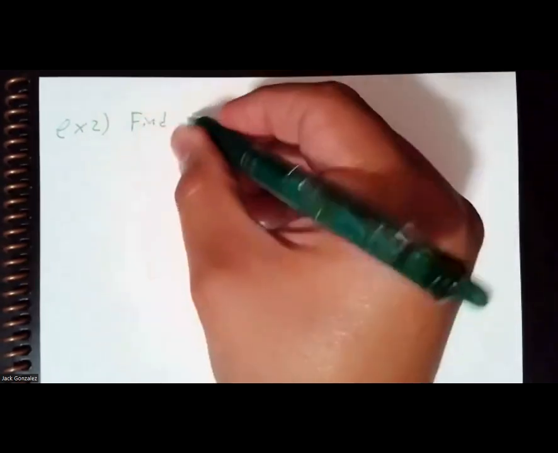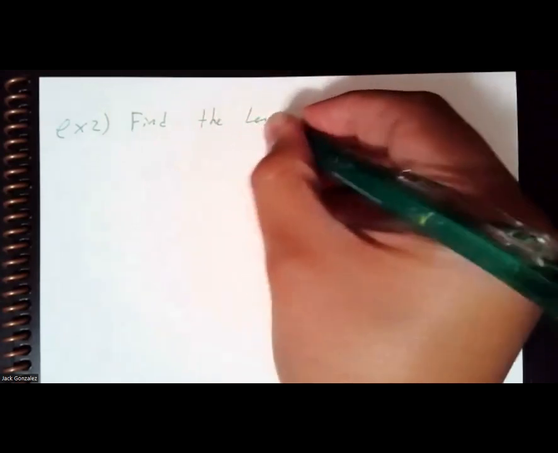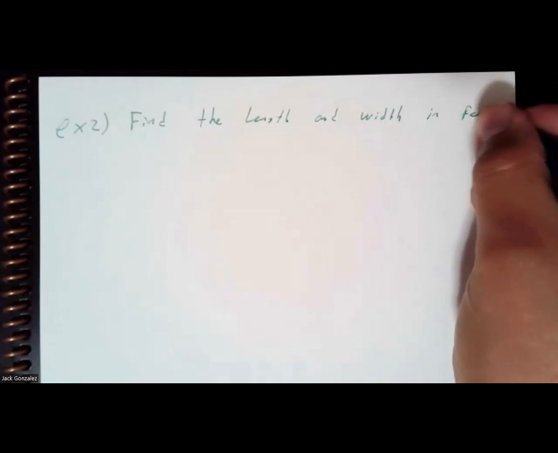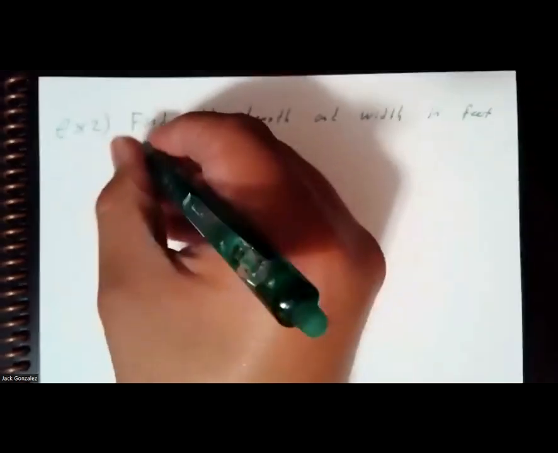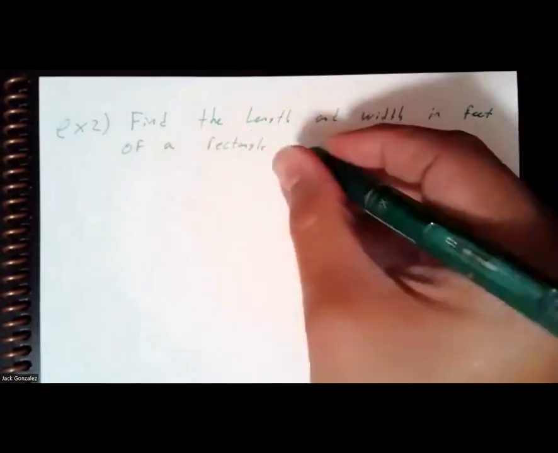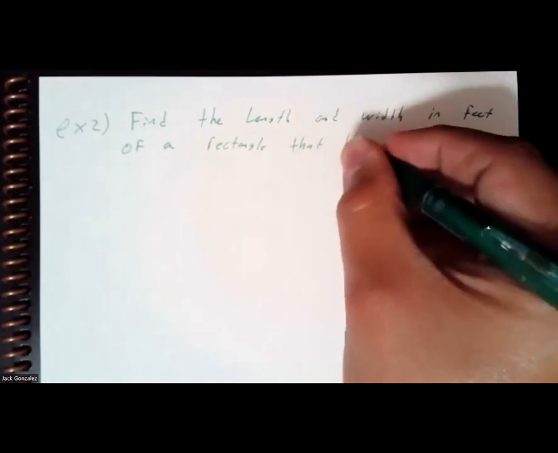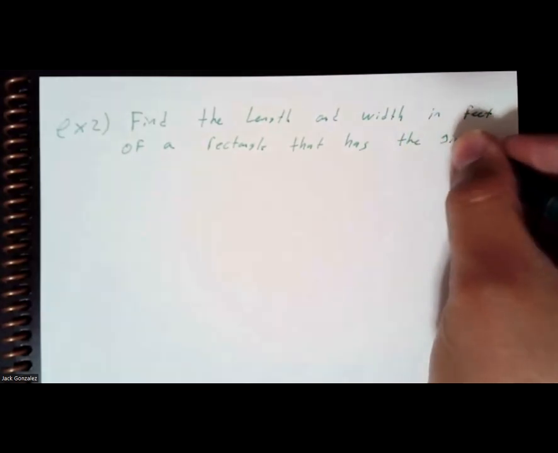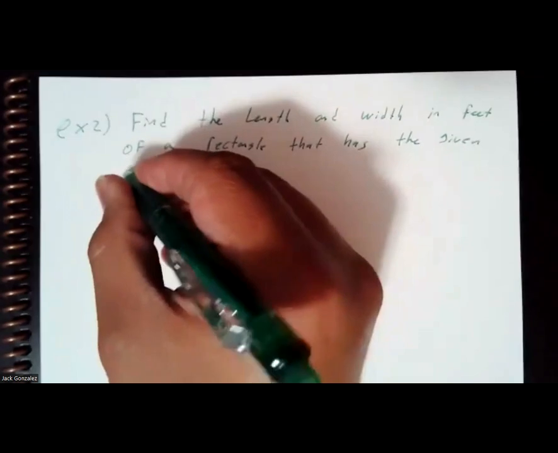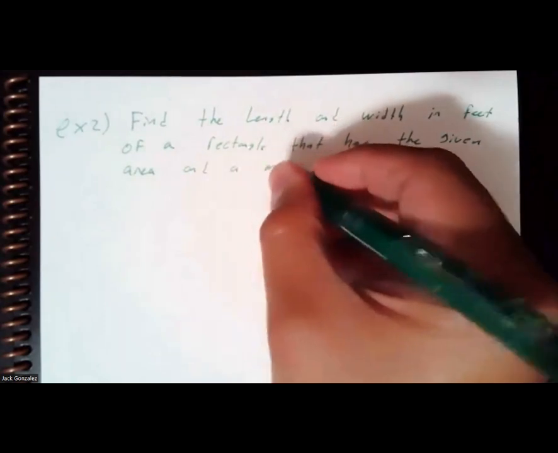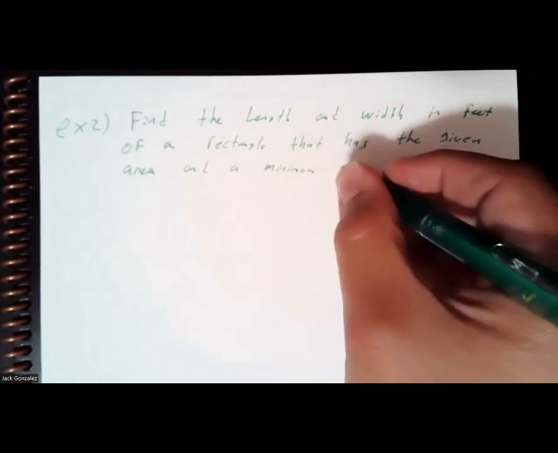But in math terms, you're saying find the length and width in feet of a rectangle that has the given area and a minimum perimeter.